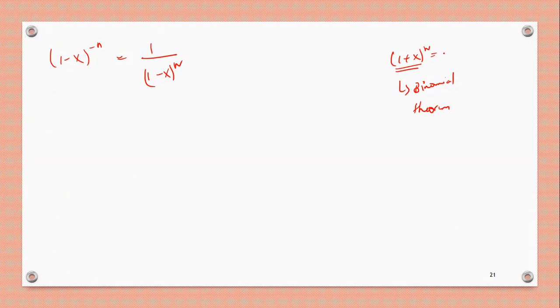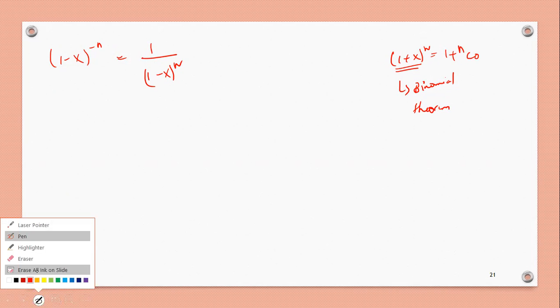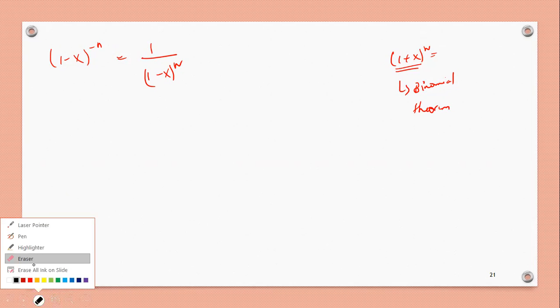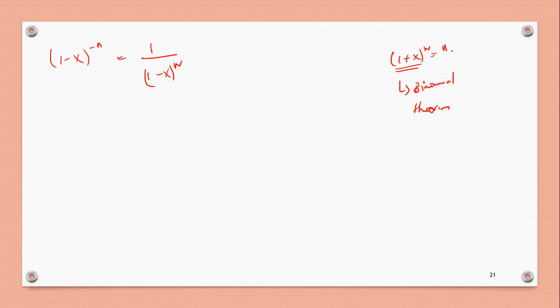So binomial theorem is defined as 1 plus nc naught into 1 power n x power 0. So I'll just directly write, please refer to the formula, or I can write the formula here.